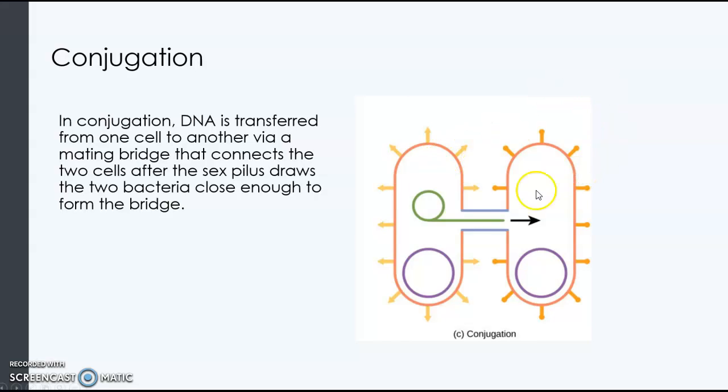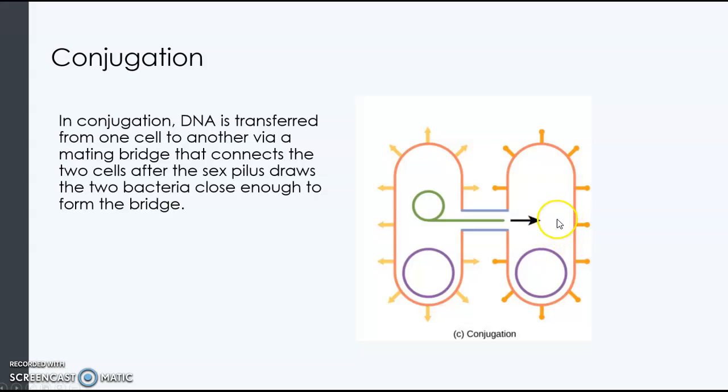And in conjugation, you have a bacterium on the left, which contains a plasmid, and it can line itself up with another bacterium that doesn't contain a plasmid, and they connect to each other through the sex pili. The sex pilus will connect these individual bacteria and allow that plasmid to enter the second bacterium.